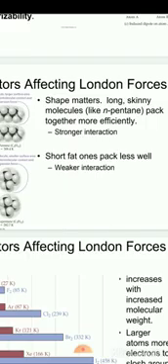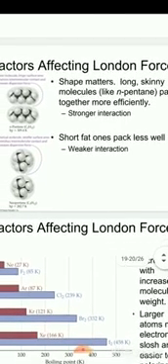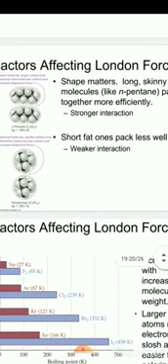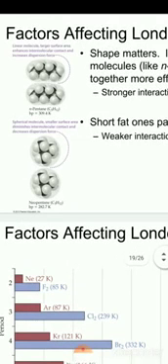If n-pentane and isopentane are compared, isopentane has a branch, but n-pentane is a straight chain, so the straight chain will pack together more efficiently and will have stronger interaction. Similarly, a spherical molecule has a smaller surface area, which diminishes intermolecular contact and decreases dispersion force. For example, neopentane.